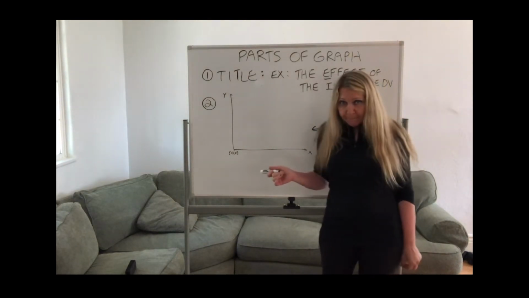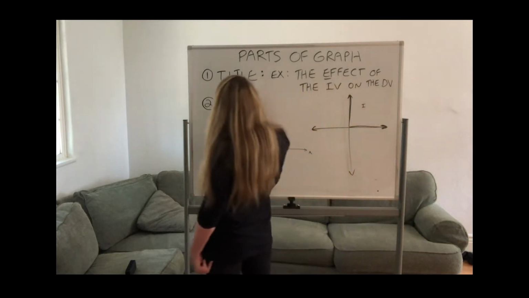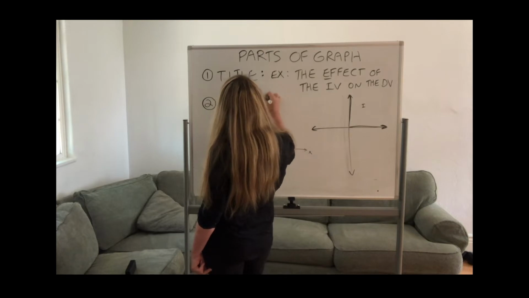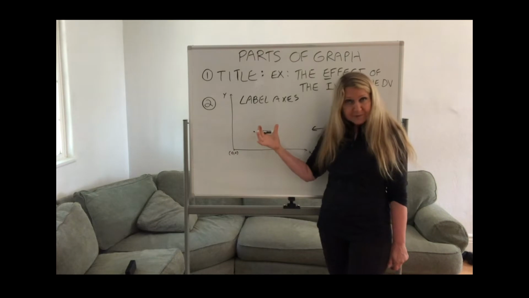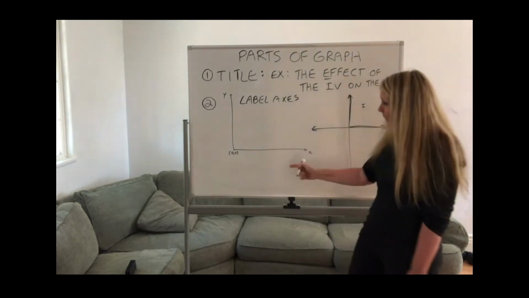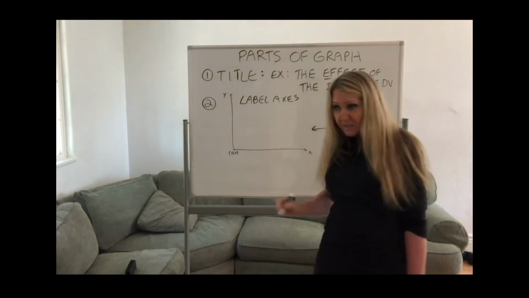We have to label them. So the second part is label the axes. Okay, we're going to create the axes and label them. The x-axis always has the independent variable.